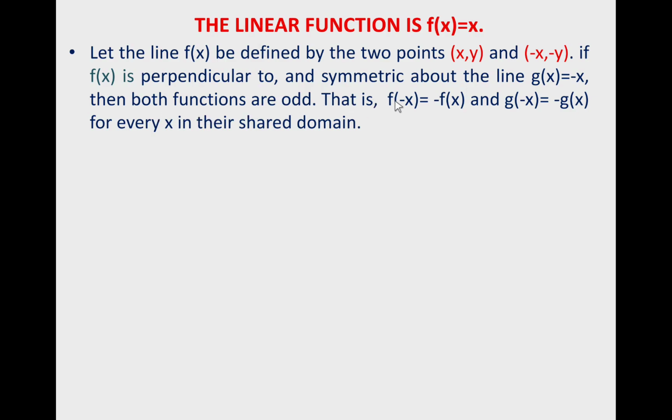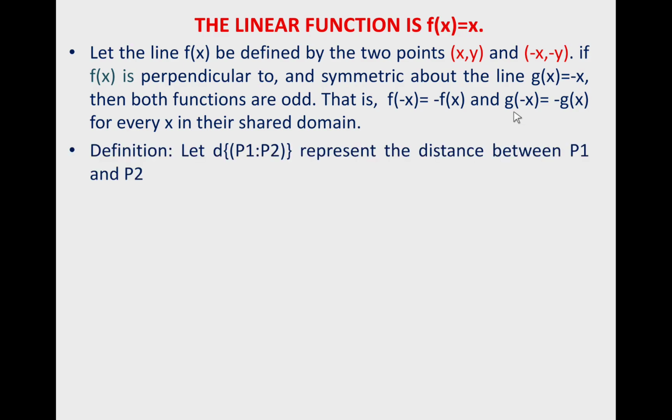That is, f of negative x equal to negative f of x and g of negative x equal to negative g of x for every x in their shared domain. This is the condition that checks if a function is odd or not. So if f of negative x equal to negative f of x for all x in the domain, then f of x is an odd function, and the same conclusion we can make for g of x.